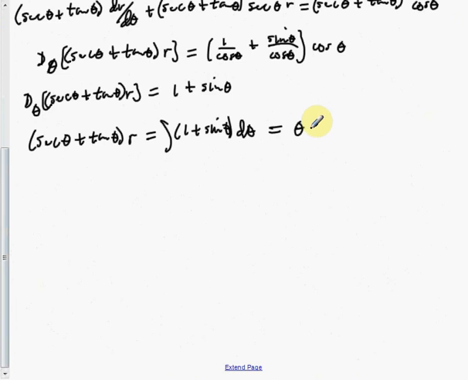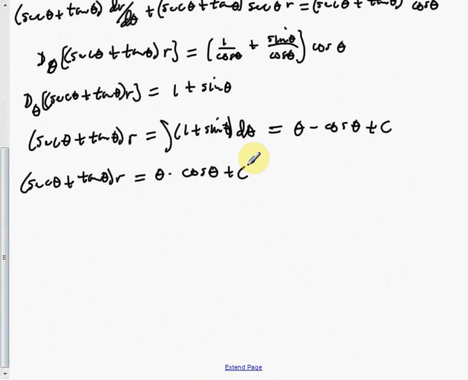That's theta minus cosine theta plus c. So we get secant theta plus tan theta times r is equal to theta minus cosine theta plus c.